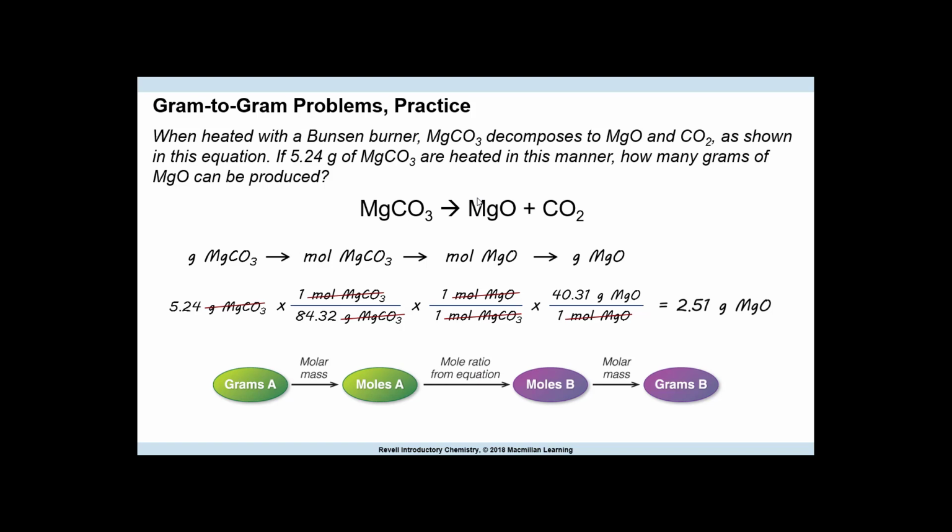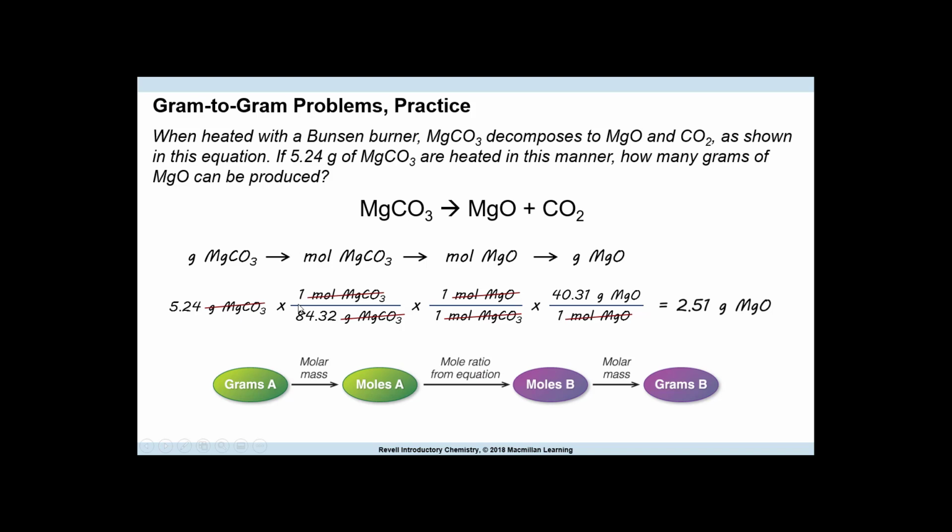The moles of magnesium carbonate cancel. Finally, we convert to grams of magnesium oxide using the molar mass, 40.31 grams of magnesium oxide per 1 mole of magnesium oxide. The moles of magnesium oxide cancel. This gives us an answer of 2.51 grams of magnesium oxide.